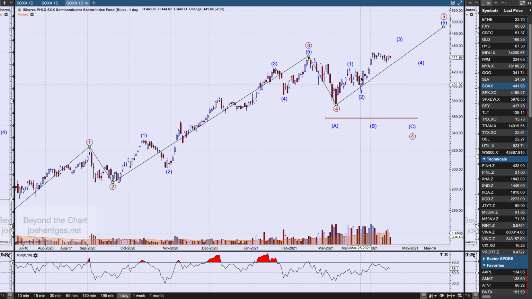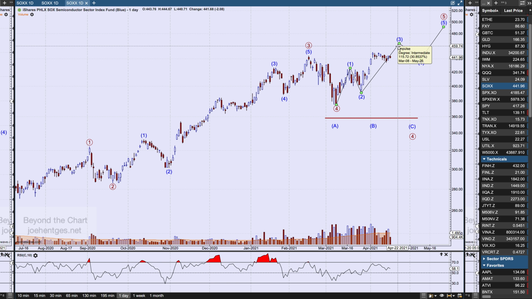This looks like we don't have 5 waves complete, that's why I have the wave 3 up here, which could mean that we push a little bit higher to complete wave 3, and then we do wave 4 and then 5, or wave B either finished here, or is about to finish with an A, B, C.